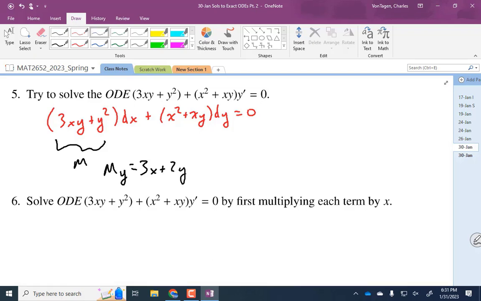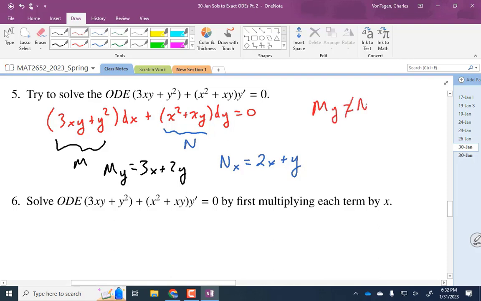And then if we were to call this our n, and if I were to take n sub x, what do we get? We get 2x plus y. Those are not equal to each other. M sub y does not equal n sub x, so the ODE is not exact.